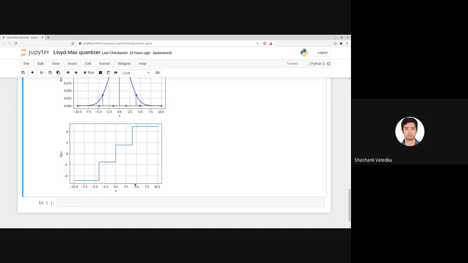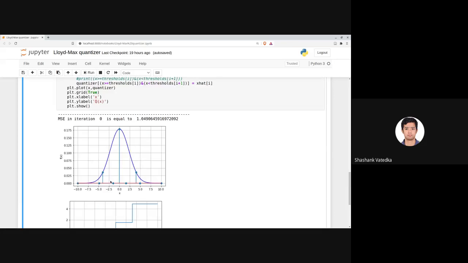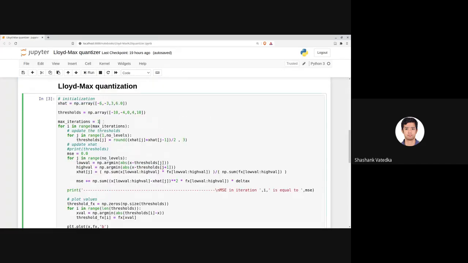If it lies in this interval, it gets represented as this value. If it lies in this interval, it gets represented as this value. So the quantizer is basically just a step function. This is for one iteration, and the mean squared error in the first iteration turns out to be 1.04. Now let's run it for two iterations.